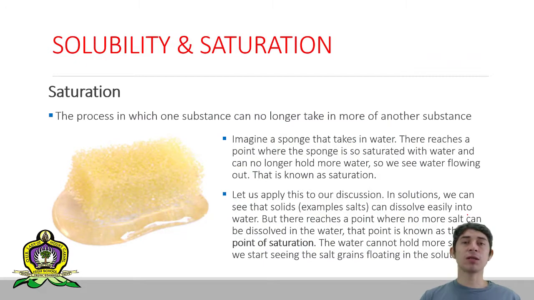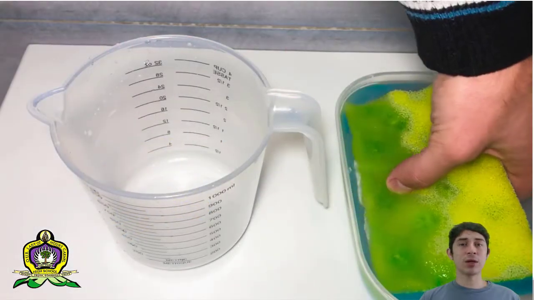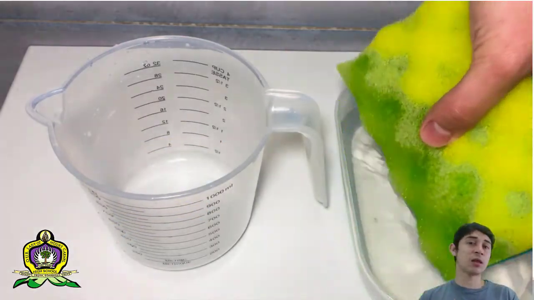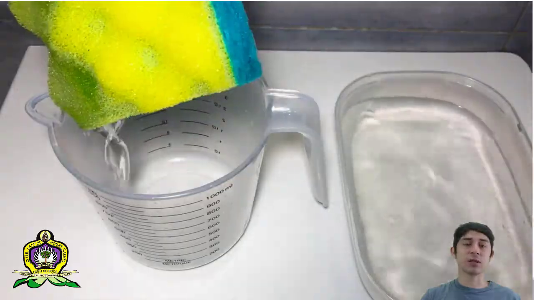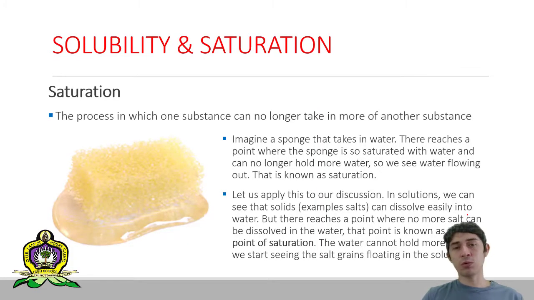That point is known as a point of saturation. So in a sense, saturation is the point at which one substance cannot take any more of the other substance. When we apply it to solubility, saturation would be that point where the solvent can no longer take any more solute, so the solute cannot dissolve into the solvent.